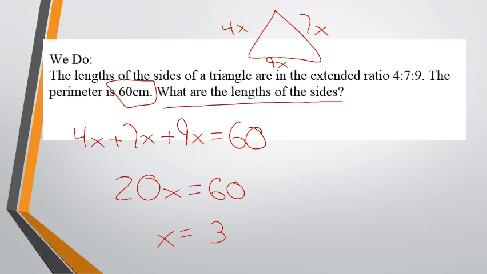Once you get x to be 3, it says find all the lengths of the sides. So you're plugging a 3 in for each of these. This side over here is going to be 4 times 3, so it's 12. Our units are centimeters, so it's 12 centimeters. The bottom side is going to be 9 times 3, so 27 centimeters.